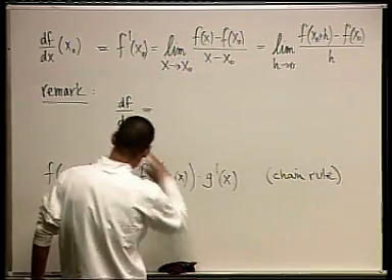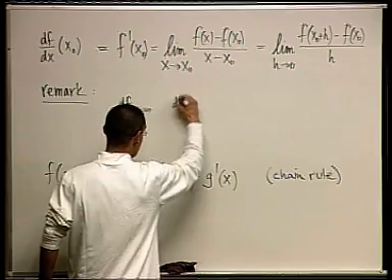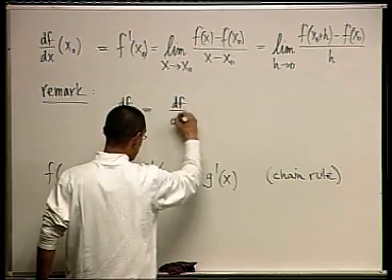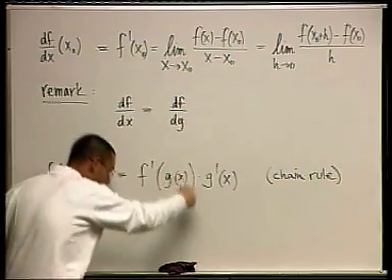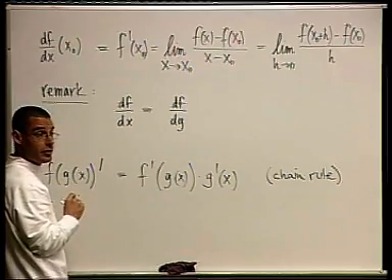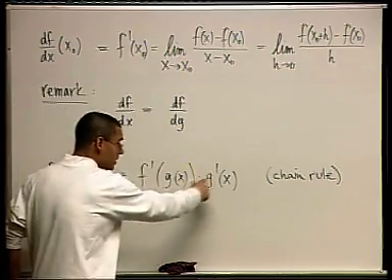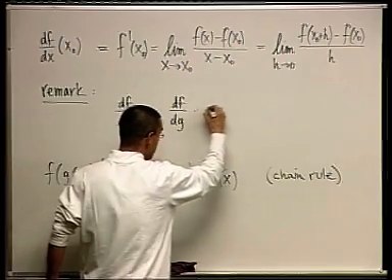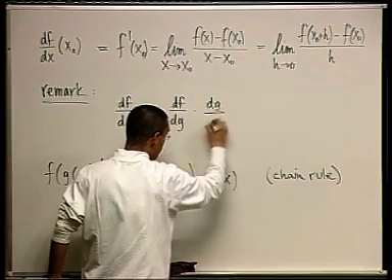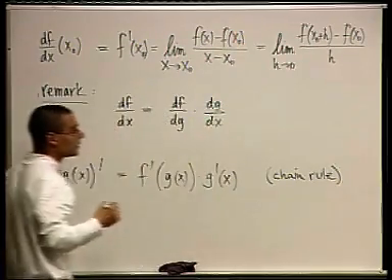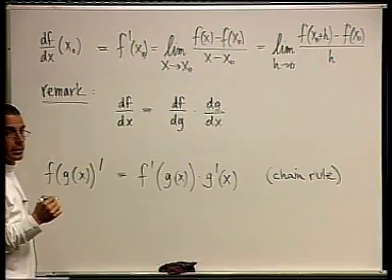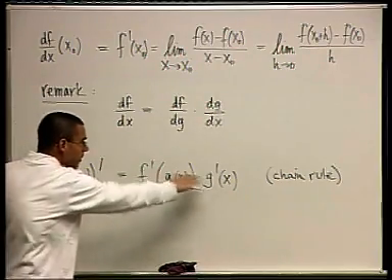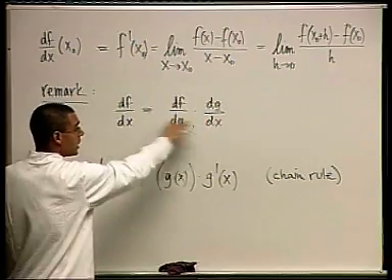So this would be written in this notation, df over dg, thinking of g as the variable of f, times this inner derivative, dg over dx.